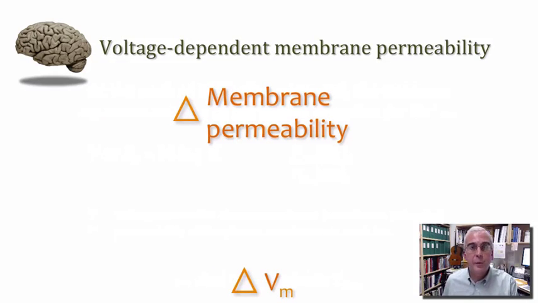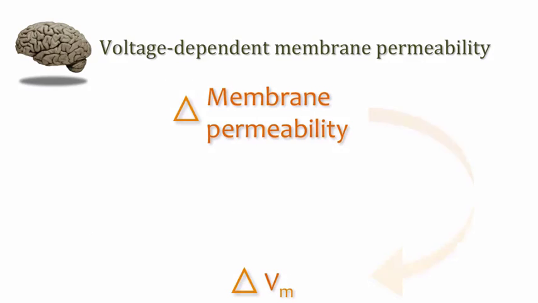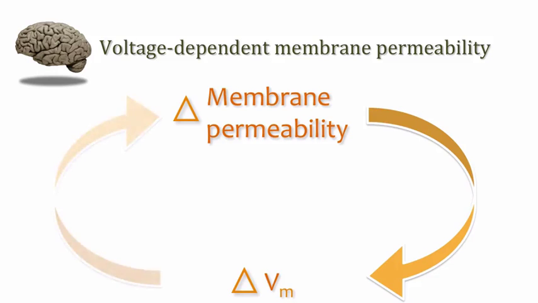So as we've worked with the Goldman equation just a bit, I hope that you've been able to develop a bit of an intuitive feel for how changes in membrane permeability can change membrane potential. Now, what we haven't talked about at all yet is how do those changes in membrane permeability come about? Well, perhaps the surprising answer is that changes in membrane permeability are themselves influenced by the change in membrane potential.